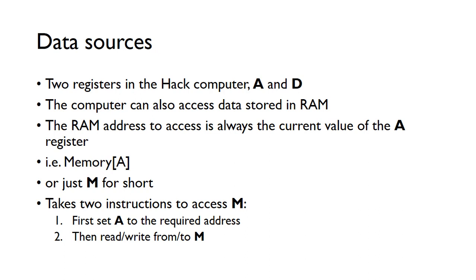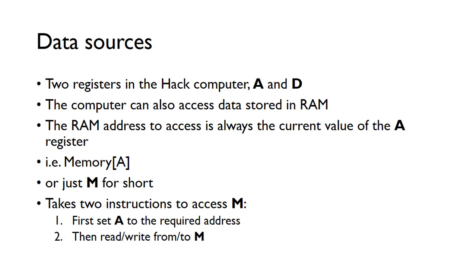There are two registers in the Hack computer, A and D, and the computer can also access data stored in RAM. So this is not a load-store architecture, because it can also get data stored in RAM. The RAM address that we'll access is always the current value of A. The A register stores the address which you want to access in RAM.